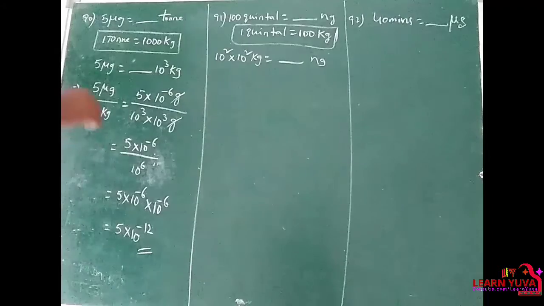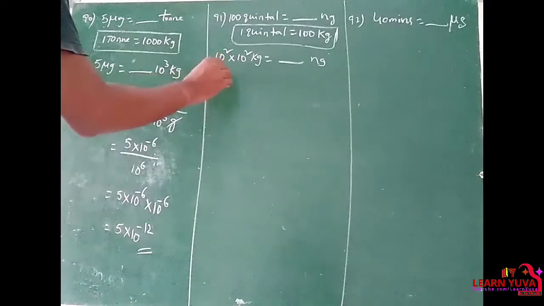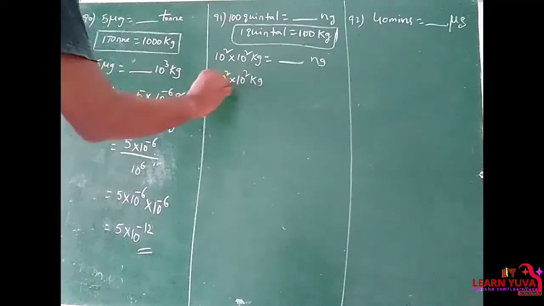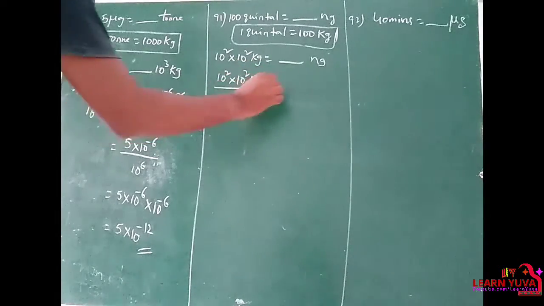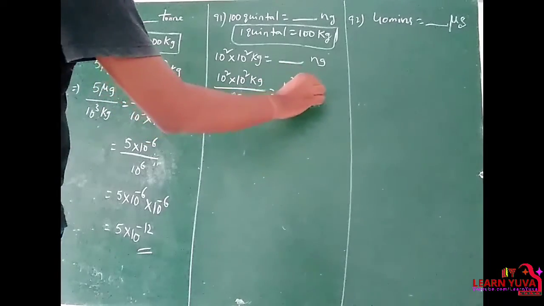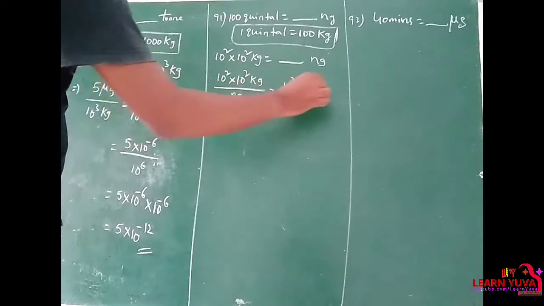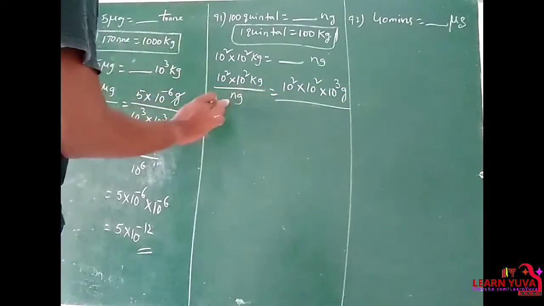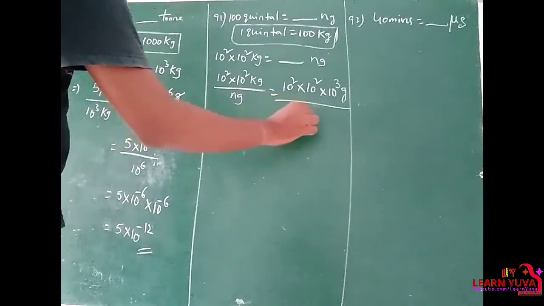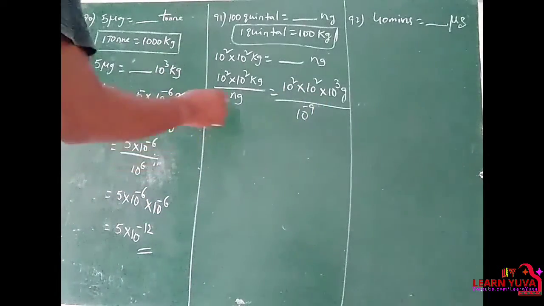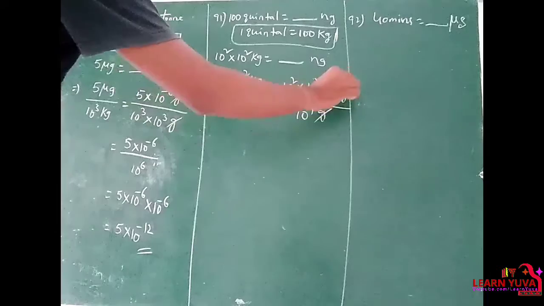That is the question. So 10 square into 10 square kg by nanogram. That is equal to 10 square into 10 square, k value is 10 power 3 grams, by nano value 10 power minus 9 grams. Gram gets cancelled.